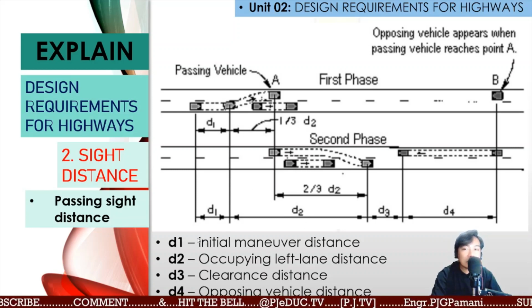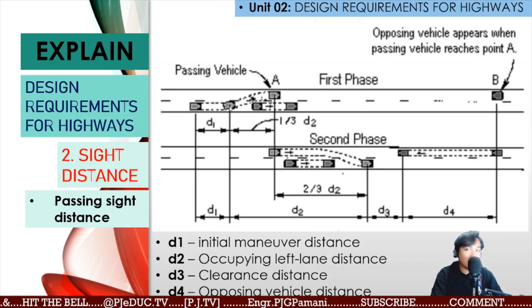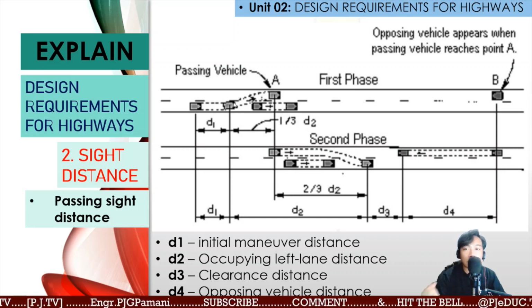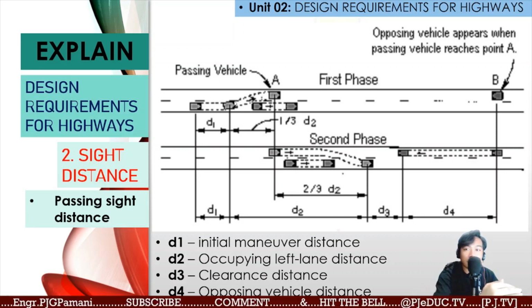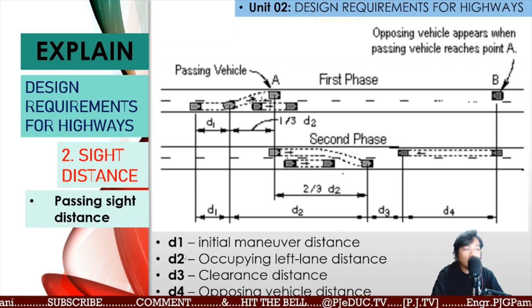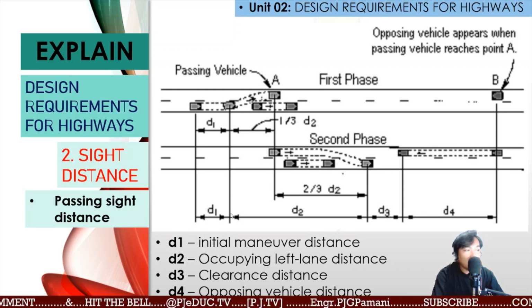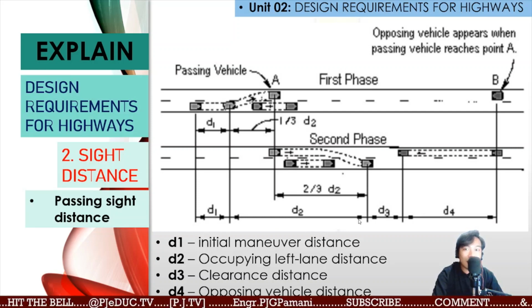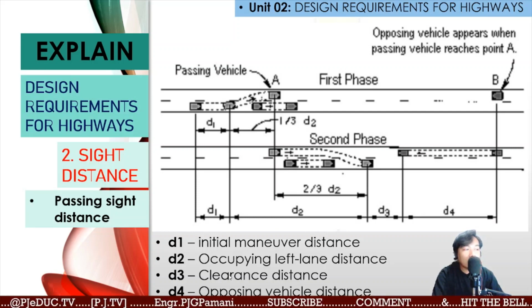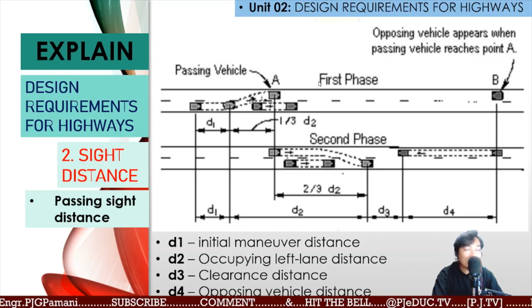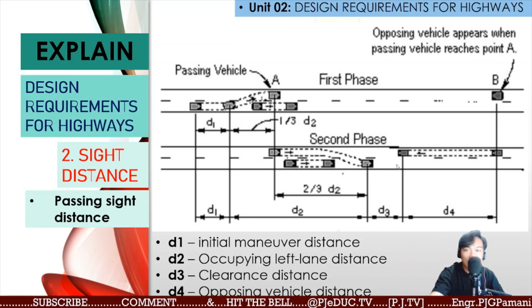Distance 1, basically the initial maneuver distance. Dito ka ngayon gagawa ng decision. At this distance, mag-start ko na yung flicker ko, pupunta na ako sa overtake. Ganon. Then, D2, the occupying left lane distance. Ito ngayon yung distance mo for you to perform the overtaking. Okay? D3 is your clearance distance. Clearance distance is your allotted distance before collision.